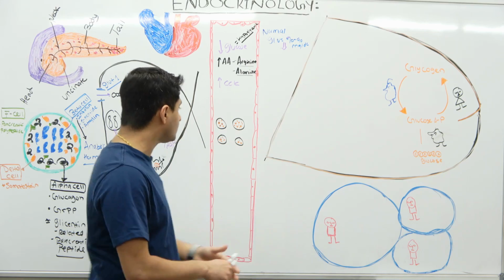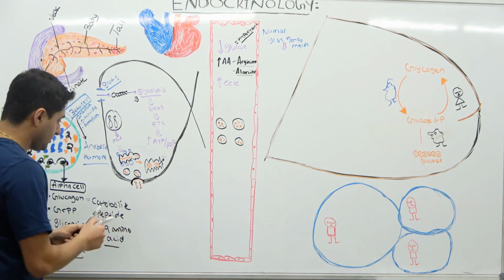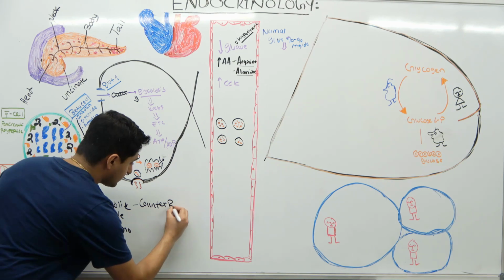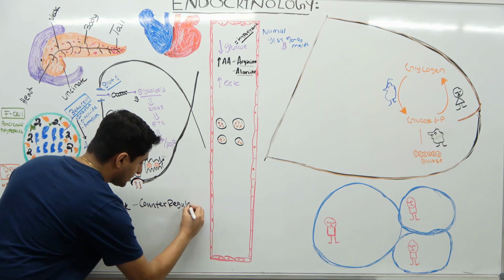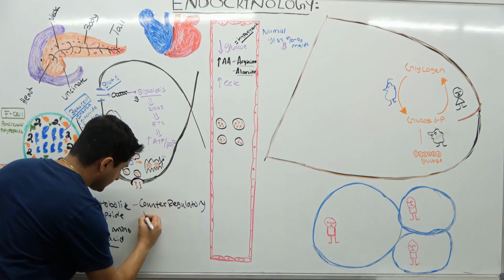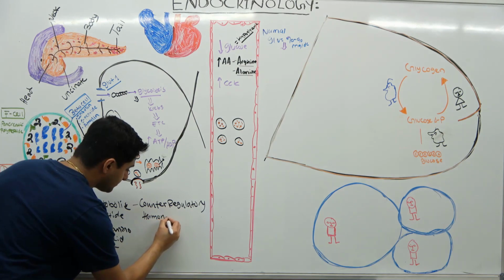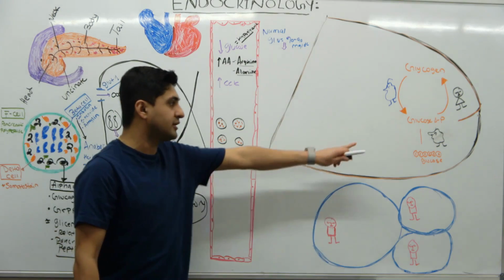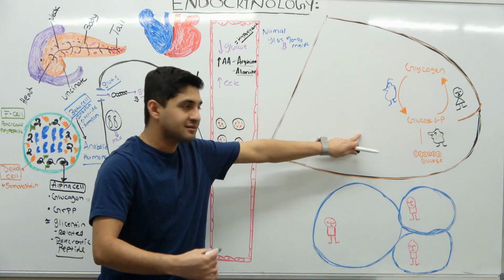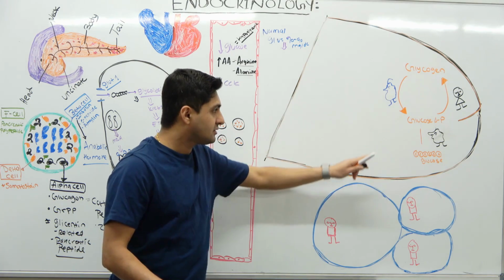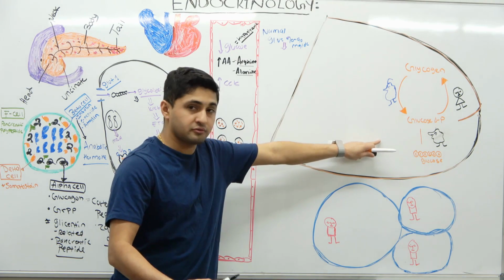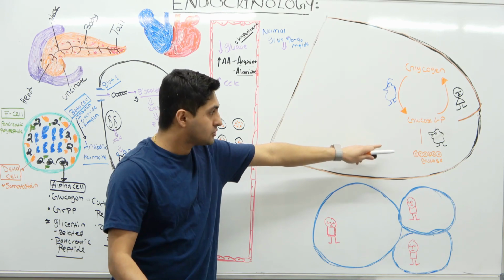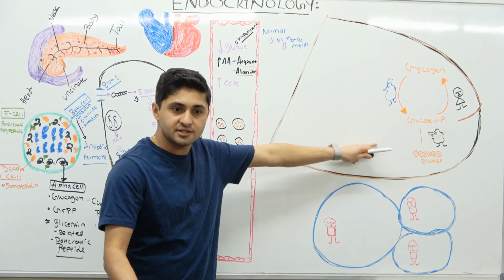That's why glucagon is also known as your counter-regulatory hormone, okay? Because what it does in the liver is it catabolizes your fats, or let's say your glycogen, and also does gluconeogenesis, okay?